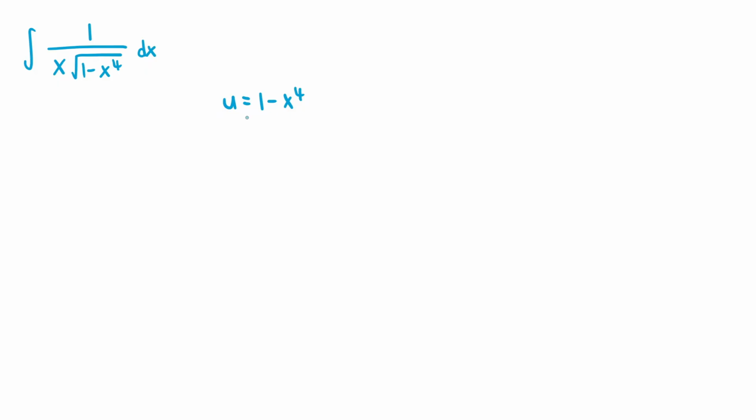If we let u equal 1 minus x to the fourth, then du is equal to negative 4x cubed dx. And if we divide negative 4x cubed on both sides of this relation, we get that dx equals negative 1 over 4x cubed du.